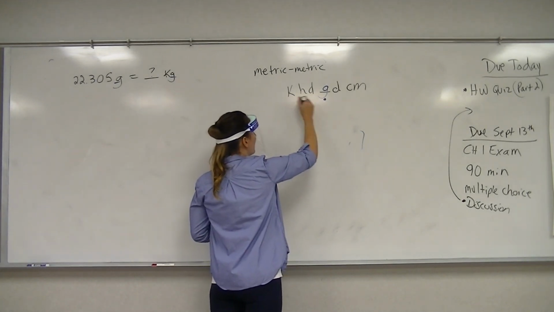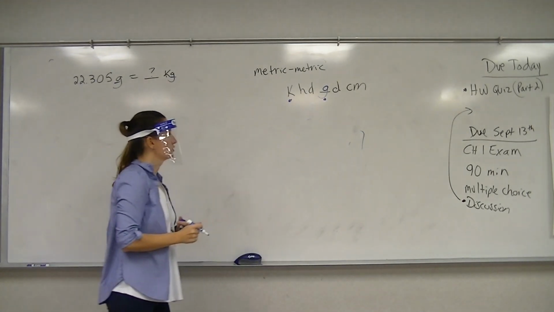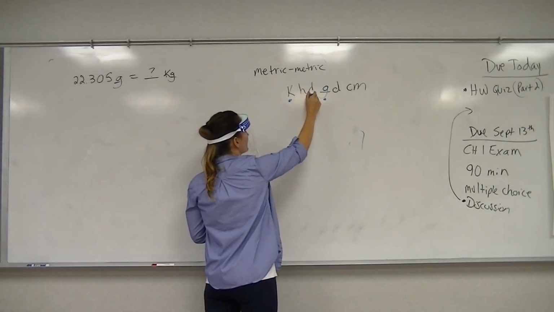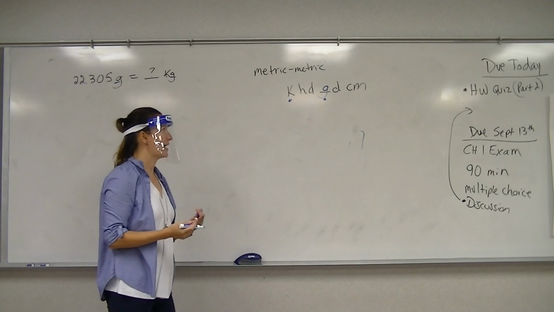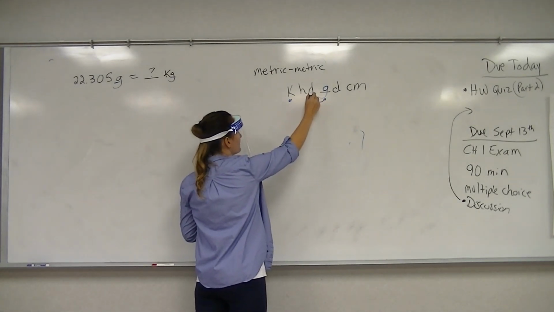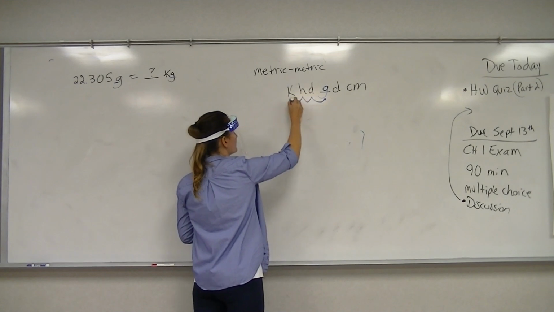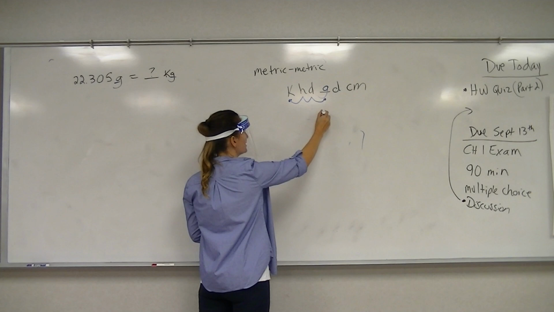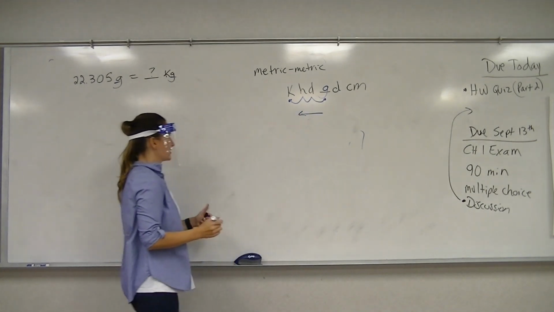To get there, you want to count each of those prefix letters as one decimal place. So to get to decagrams, that's once, hectograms is twice, kilograms is going to be 3 times.